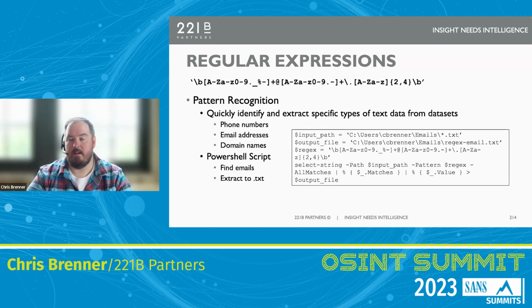We needed to extract sender and recipient information from all of those different records. Using regex and a simple PowerShell script, I scanned an entire directory of text files and output all of the email addresses located within them into a separate text file, and that was easily imported into Excel.